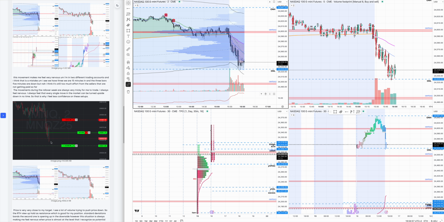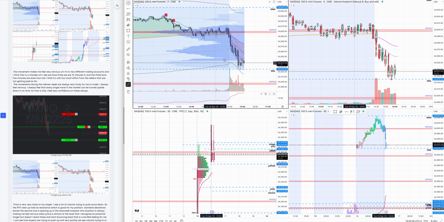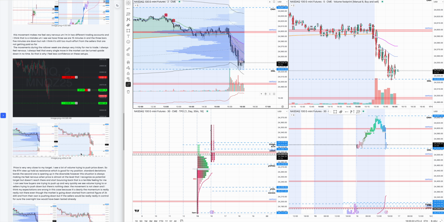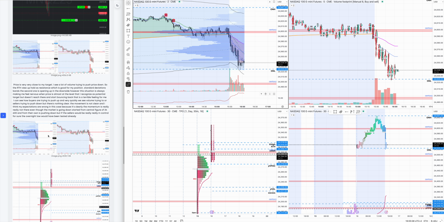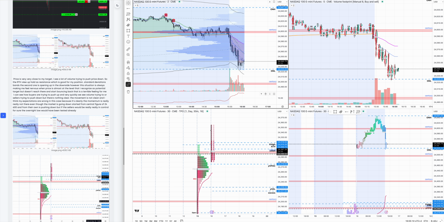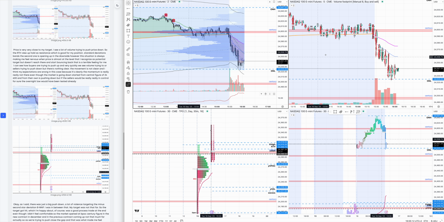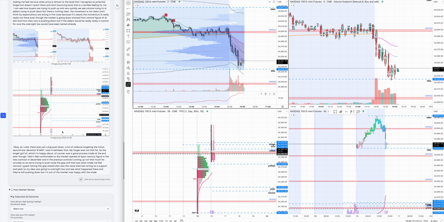So big push, and this movement for me was tricky, because as you can see, it was trying to push down and then went back up, and yeah, not a nice feeling. Anyways, at least I was on the right side of the move, going short. I was not trying to fade this move. And eventually this hit the target, which was around here.